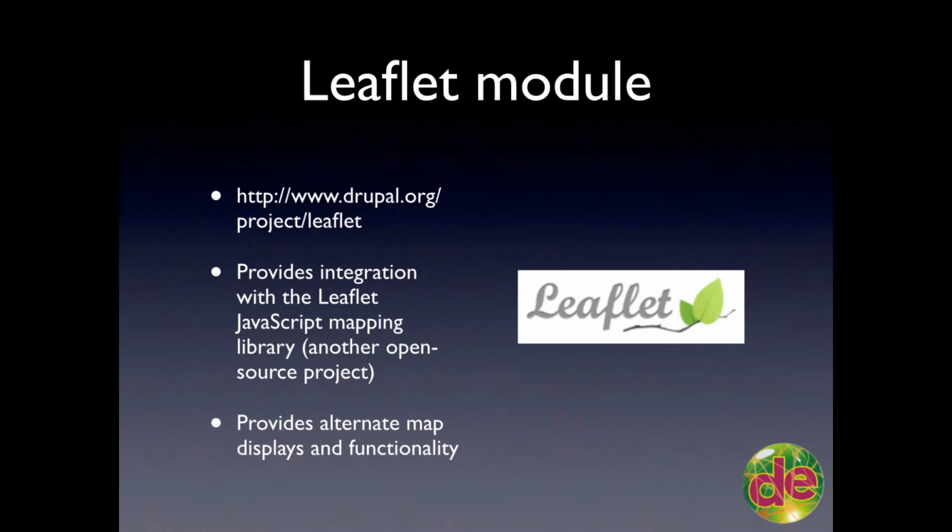Now, the leaflet library is yet another open source project, and it does a lot more than changing just the base layer. We're only going to look at that part of it today, but the leaflet JavaScript mapping library is really flexible and lightweight and is kind of the new hotness for mapping online.